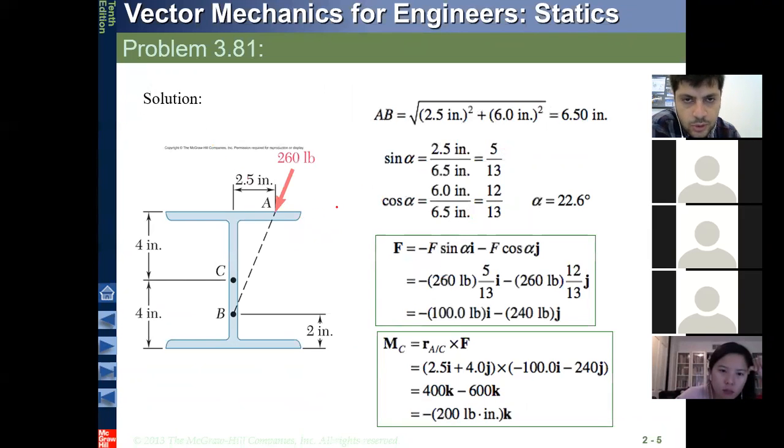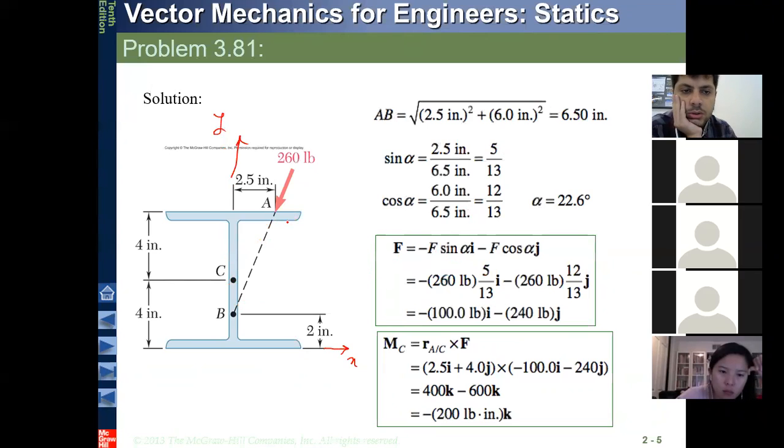Well, first you have to calculate the sine of alpha and cosine of alpha to get the components of this force along the x direction and y direction.